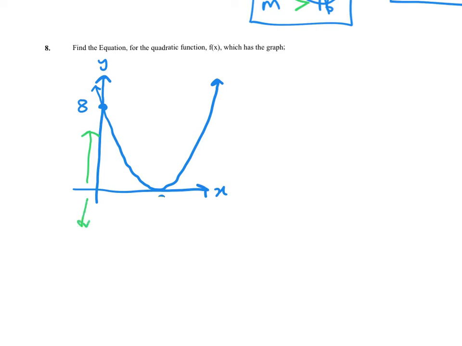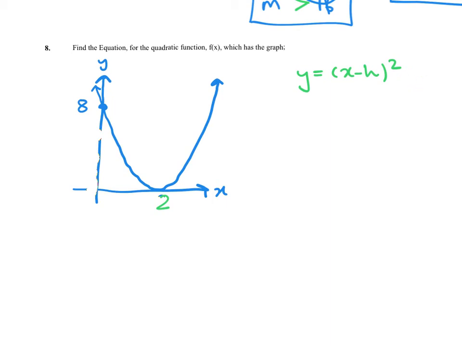Also, the graph is touching the x-axis once, so the form we are going to use is x take away h to the power of 2. We may include plus k here, but this k is for the vertical translation, which we don't have, so I can erase that bit.